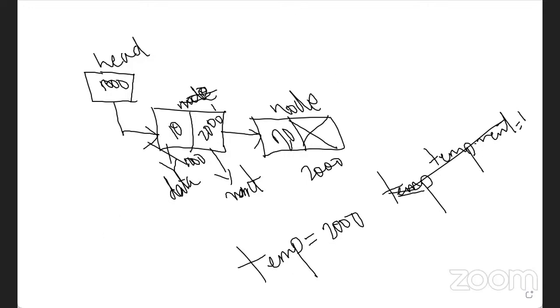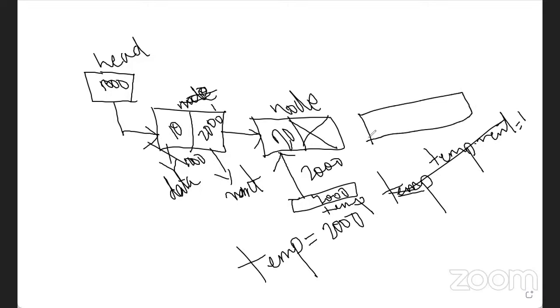If temp contains 2000, then temp is pointing to the node where the address is 2000. So when that statement is executed, it will become like this.